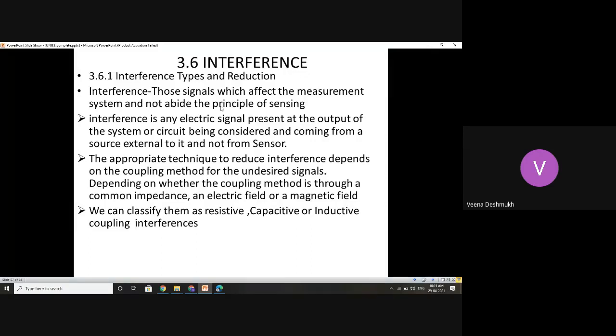Under such cases, these signals create problems in the next stages if they are taken as valid signals and not considered as noise signals. So interference is any electric signal present at the output of the system or circuit being considered and coming from a source external to it and not from the sensor.